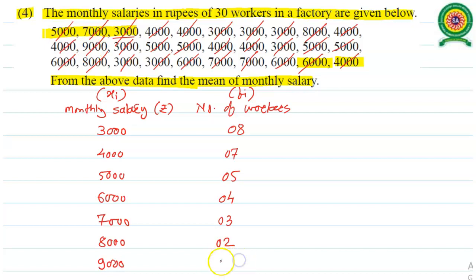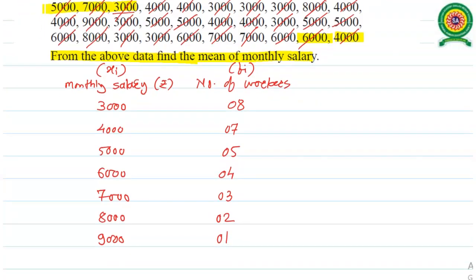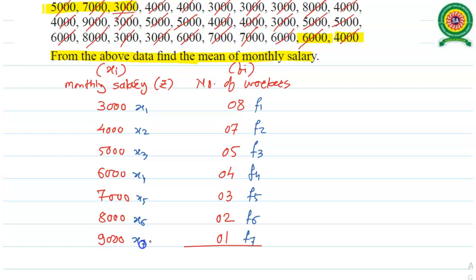Now let's add up the frequencies, the fi values. Those are ultimately the f1, f2, f3, f4, f5, f6 and f7 values, and those are the x1, x2, x3, x4, x5, x6 and x7 values.